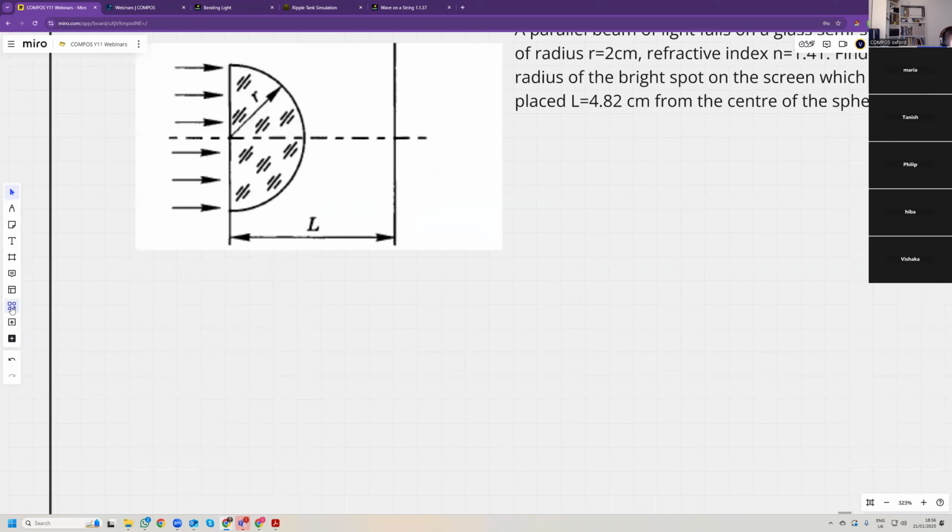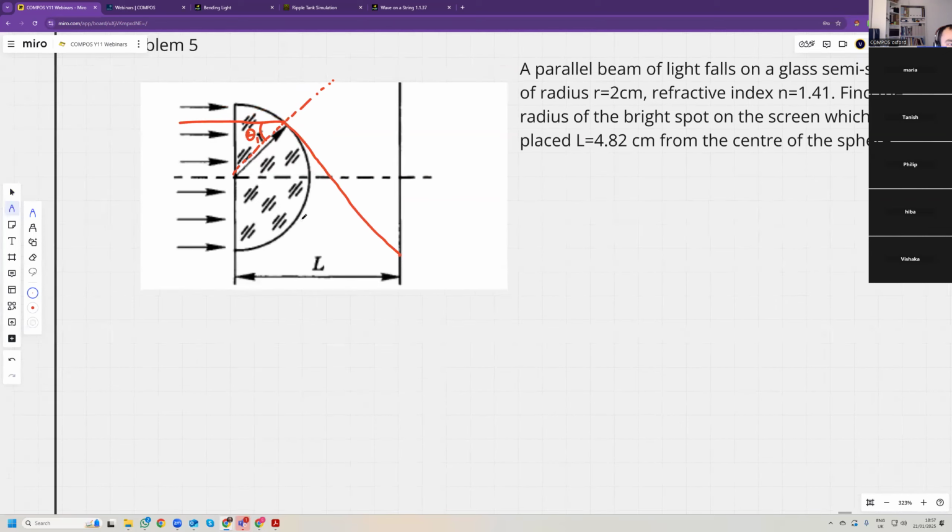So at some point, in the critical position, you would see a light ray going straight through and then being refracted along the boundary. If you draw a normal line, this angle, theta 1, is going to be the critical angle for glass because the refracted ray, theta 2, is 90 degrees.